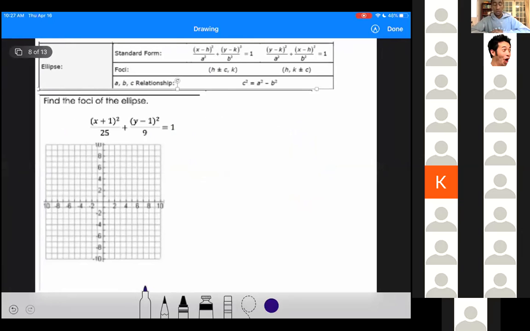So let's say we want to find the foci of this particular ellipse right here, okay? I always like to do a visual and draw a graph because it helps to visualize. So we need the center, or we have the center. Hugo, help us out. What's the center here?